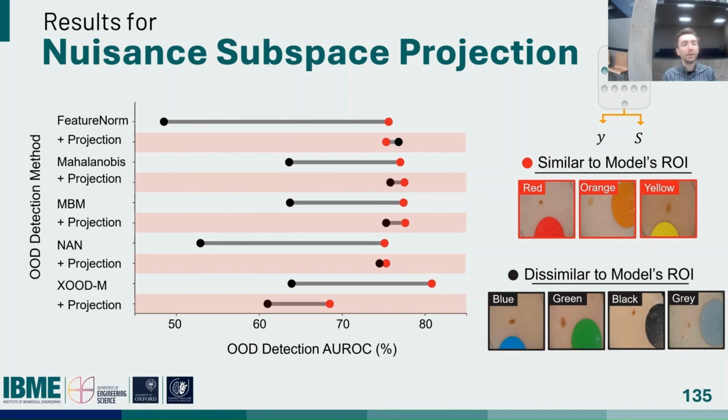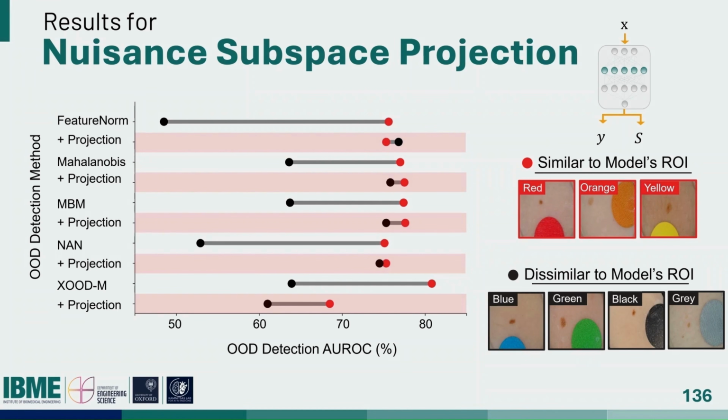So what we find is the bias shrinks for most methods, while maintaining the AUC for the similar artifacts. The only exception here is OOD, where we did see a drop in the similar artifacts. However, we must note that this nuisance subspace projection can be applied on fewer methods than our color jitter approach.